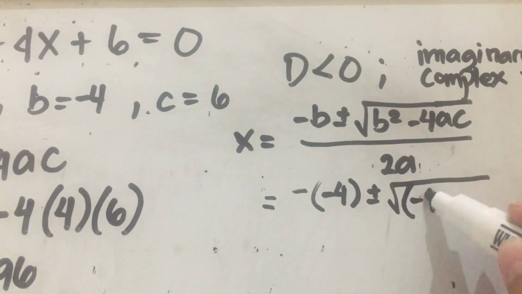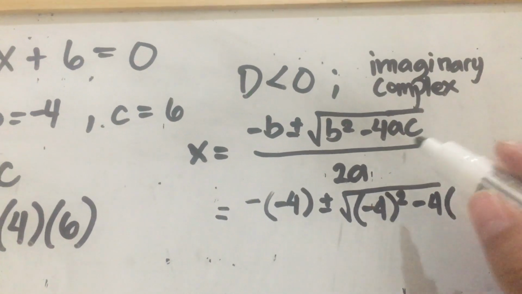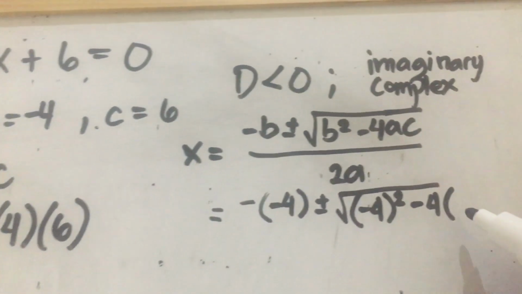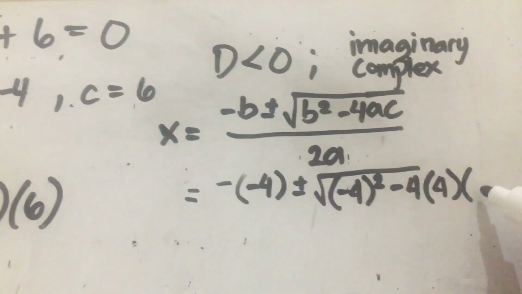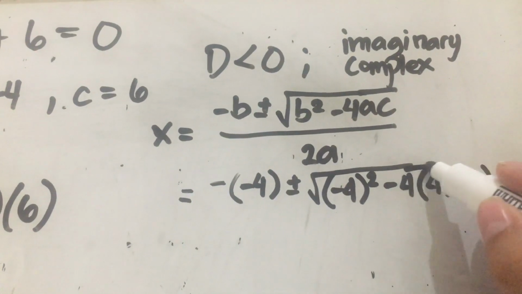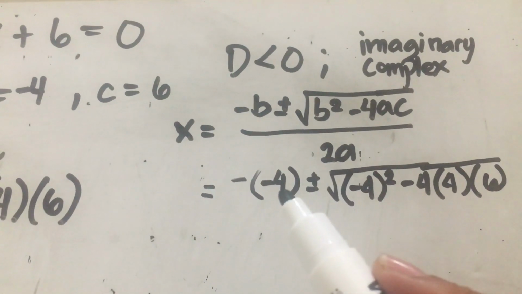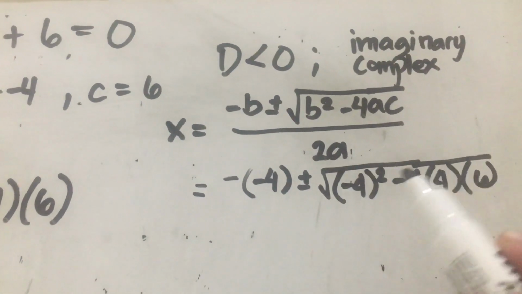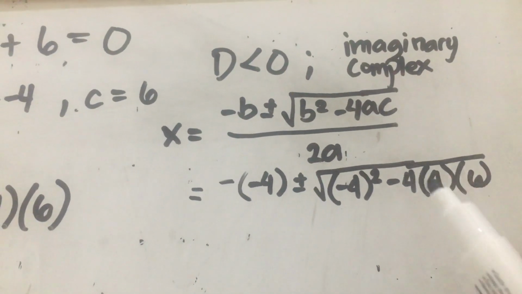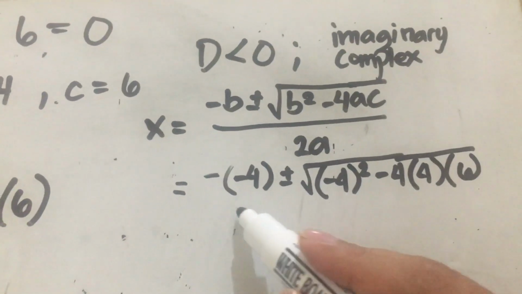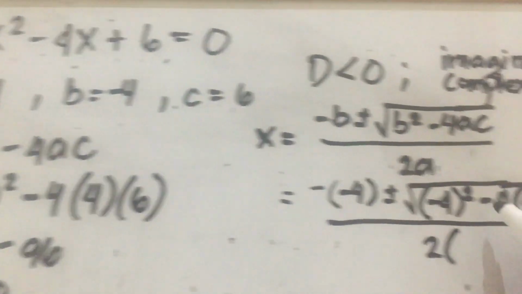Your b is negative 4 squared, minus 4, your a is positive 4, and your c is positive 6, over 2 times your a, which is positive 4.